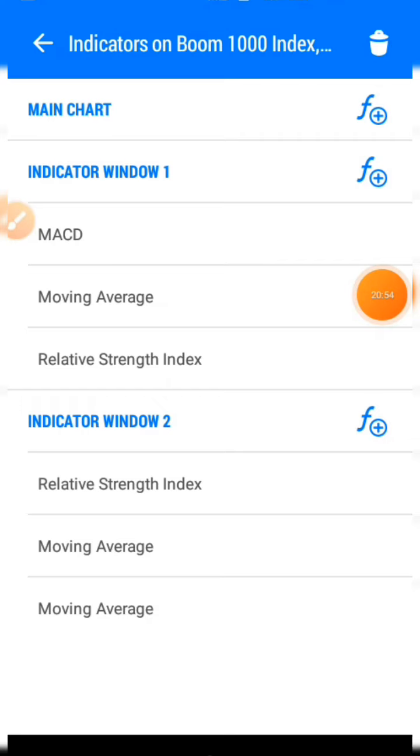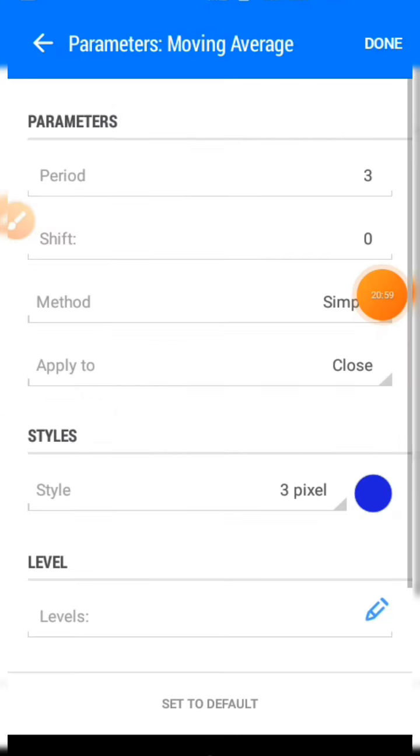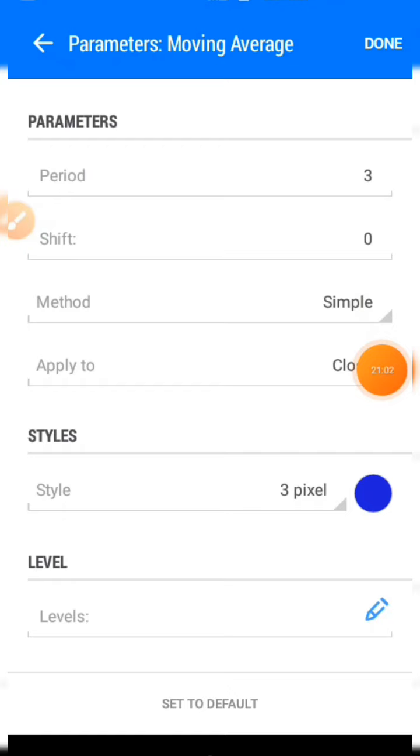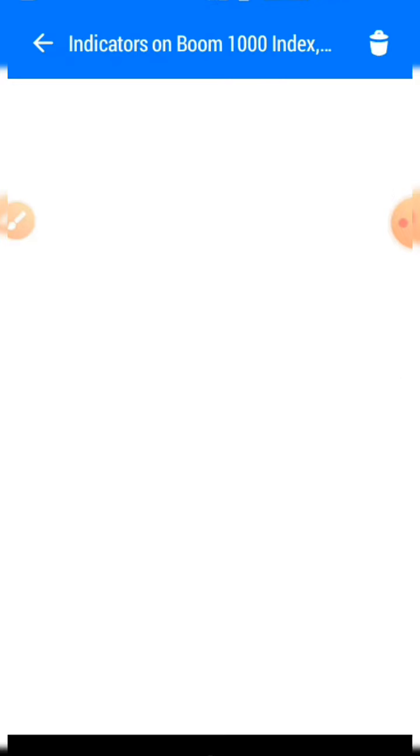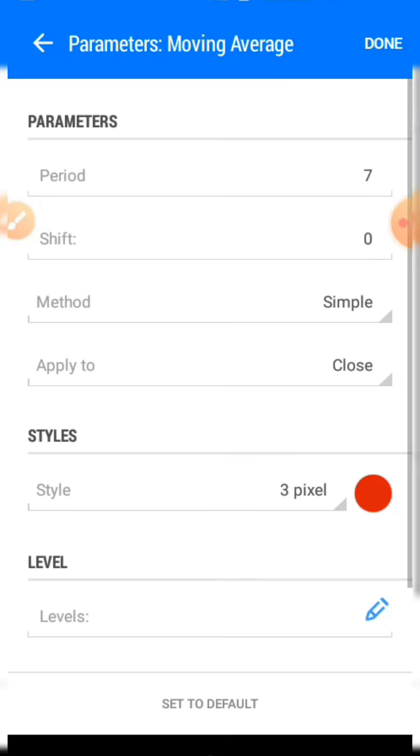After that, you add the moving average. The period is 3, shift 0, method simple, apply to close. On that style we have 3 pixel, the color is blue, and then you click on done. The next moving average, the period is 7, shift is 0, method simple, apply to close.